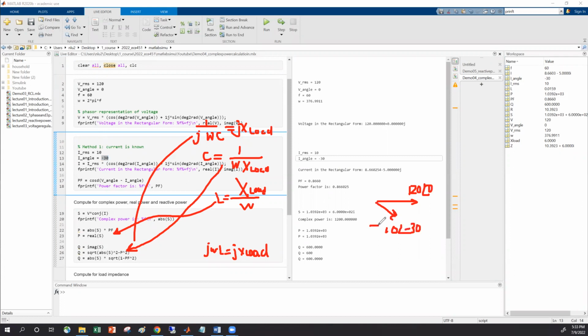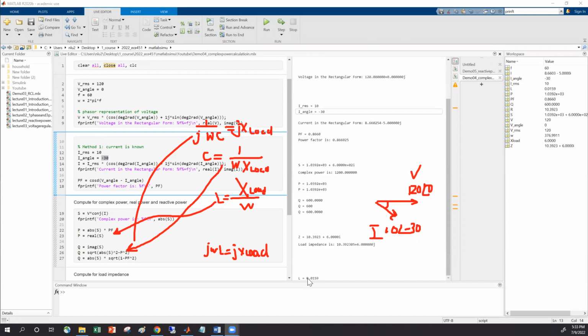So my current I is lagging my voltage by 30 degrees. So this is the inductive load, right? So then you can see that when I do the computation, it shows me that here the load is inductive. So we can just print them out like this.